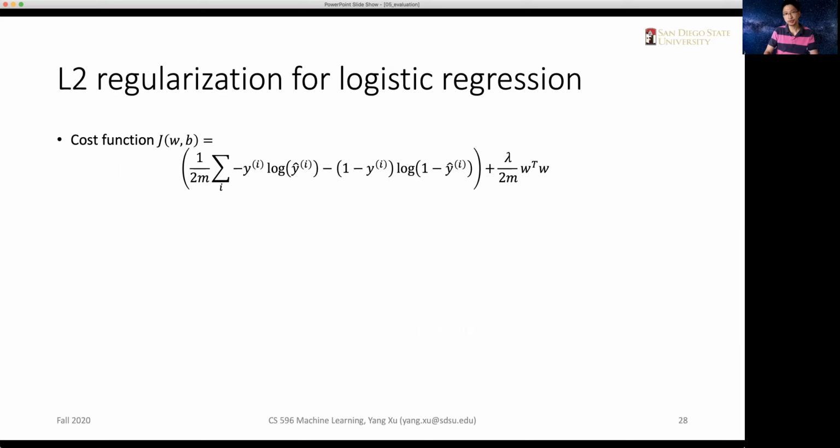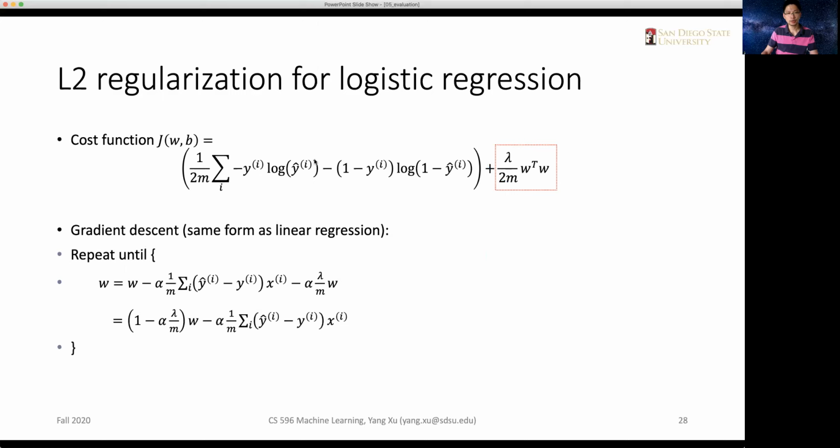And the same goes for the logistic regression model. In logistic regression, the cost function is like this, and similarly, we add the L2 regularization, okay? We can also compute the gradients, and it's basically the same form as linear regression.